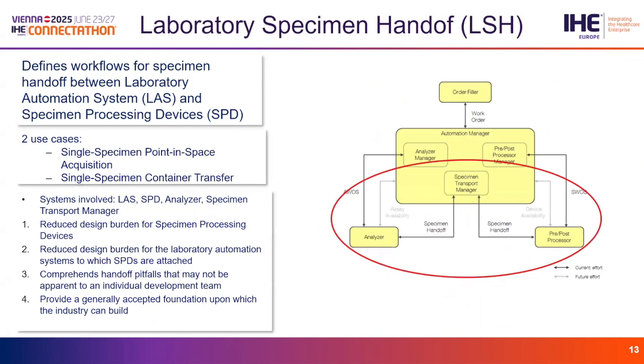So current work, we are picking back up the laboratory specimen handoff profile, where we're talking about being able to have the specimen transport manager tell the analyzer where exactly the specimen is, whether the specimen has a cap, how deep it needs to aspirate, all of those kind of things.